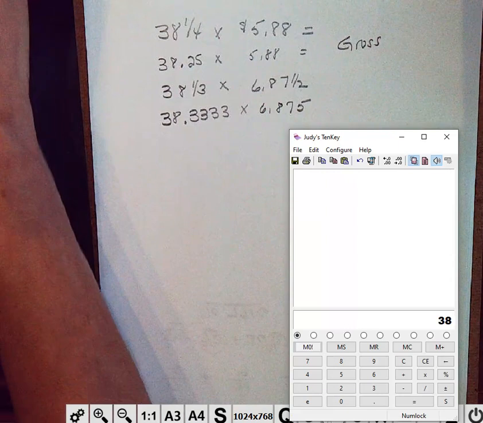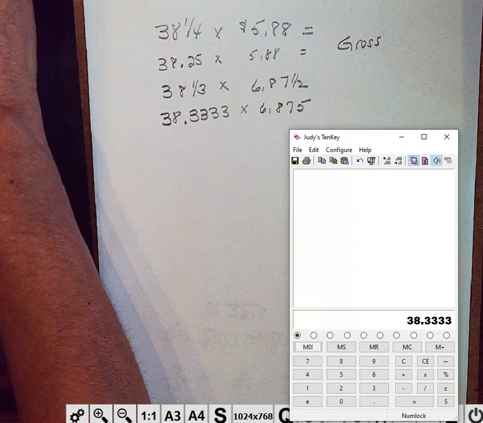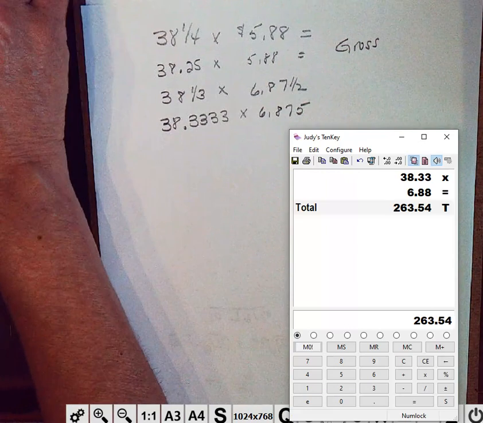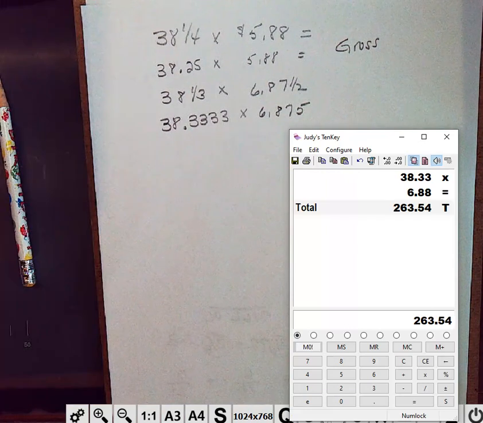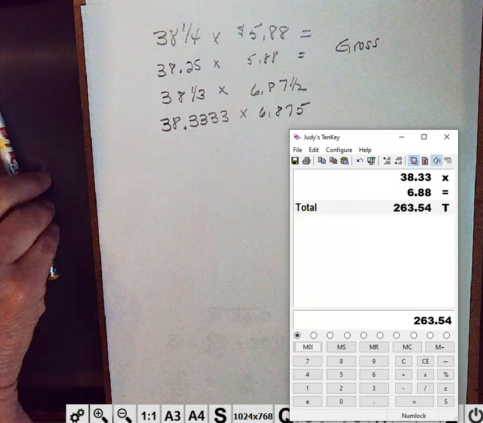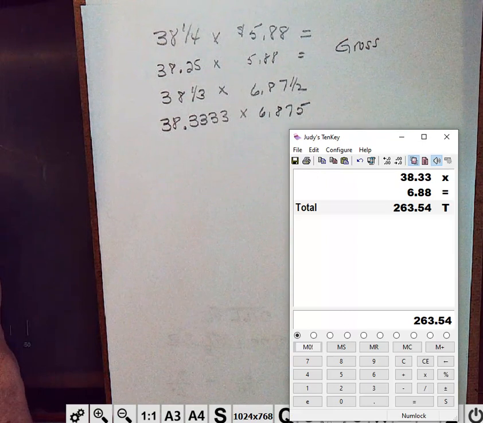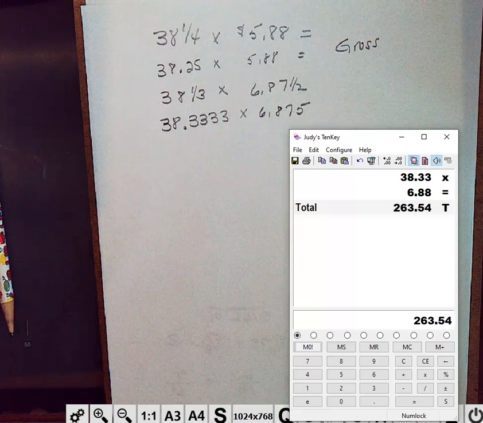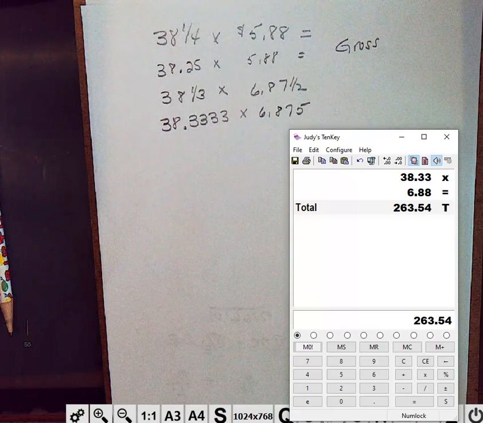So 38.3333 times 6.875. I'm not sure, I haven't looked it up, but the answer key packet might have a 3 instead of a 4 if I didn't update to the new program. So you might get 63.64 cents.